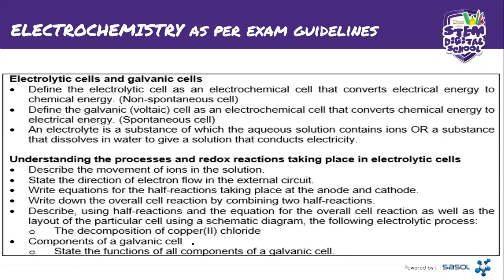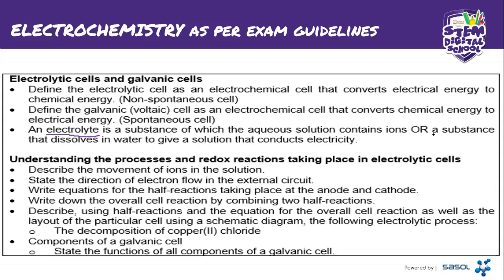Then, for both electrolytic cells as well as galvanic cells, we must know how to define the term electrolyte. And remember, when we define the term electrolyte, I said to you, we are going to stick to one definition, which is going to be easier for us altogether. And we said we will stick with this one.